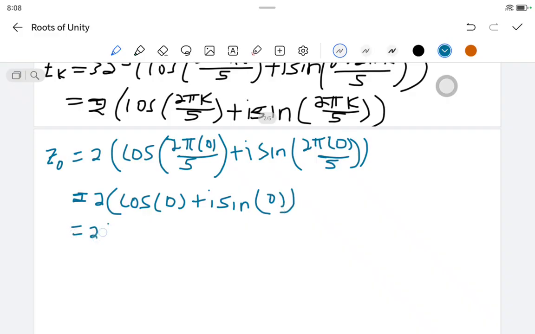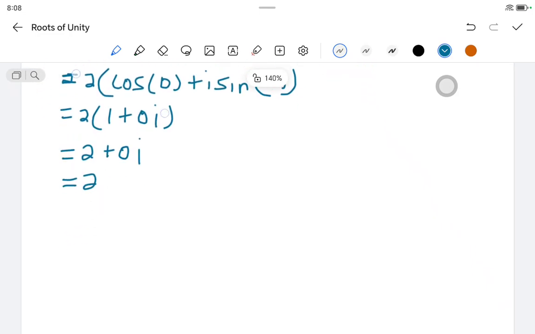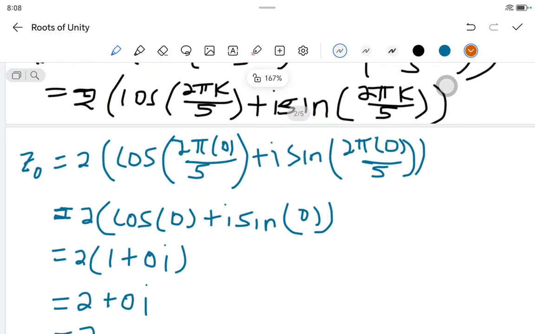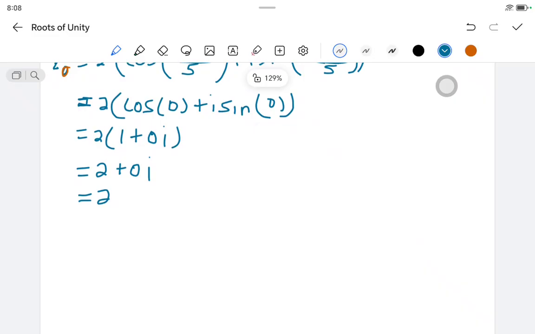Cos of 0 we know is 1, sine of 0 we know is 0. That is something that you should be knowing by now. So this will be 2 plus 0I, which is 2. Now if we check, the only thing that will be changing is this. Let's look at the other one.